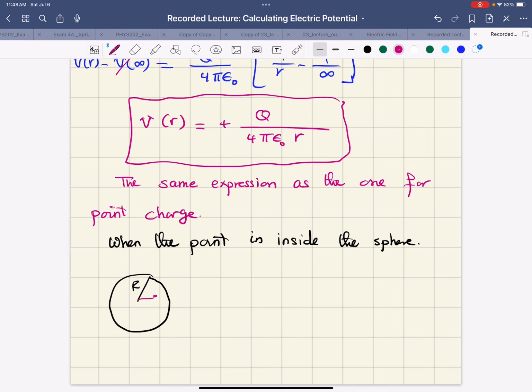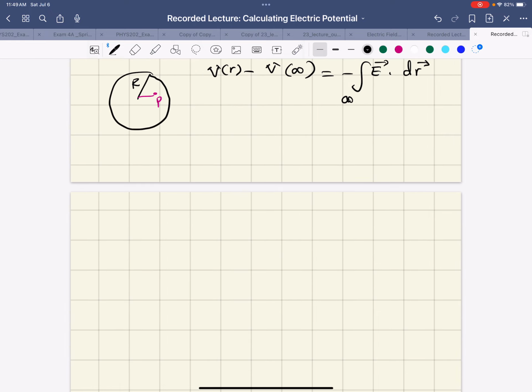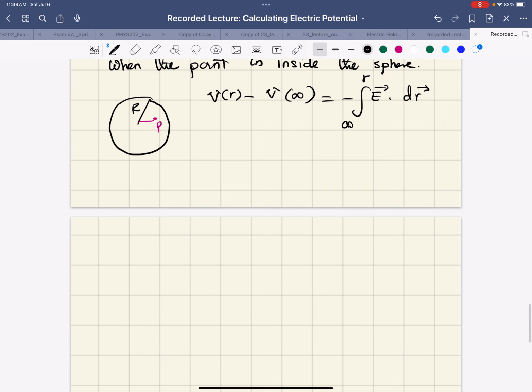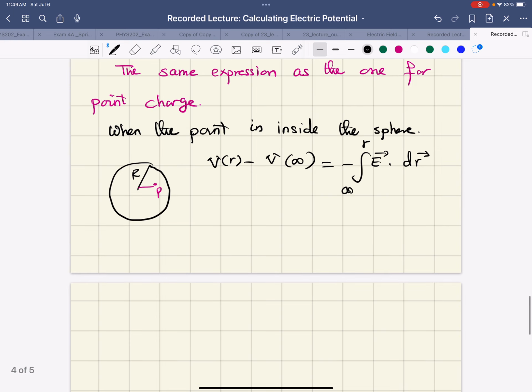Then V of r minus V of infinity should again be minus the integral from infinity to r of E dot dr. Remember, I did say that anytime I have two regions, I need to consider the changes.